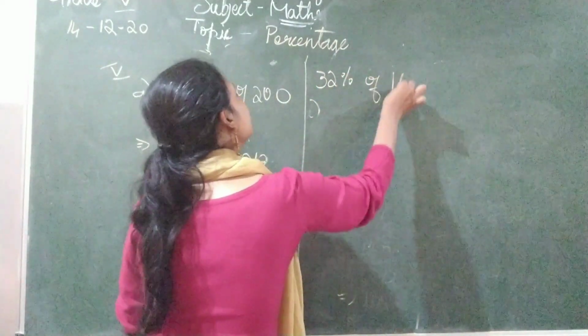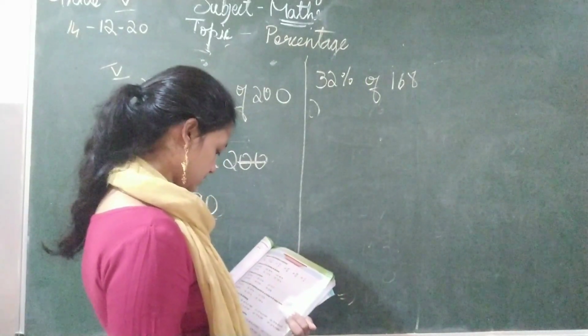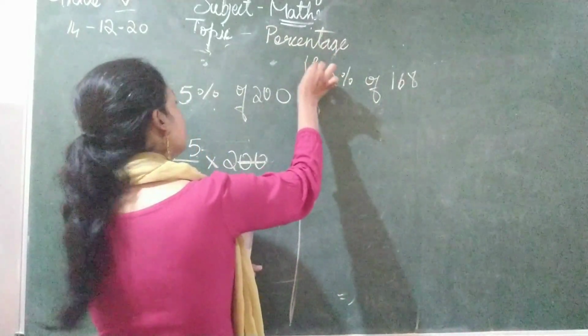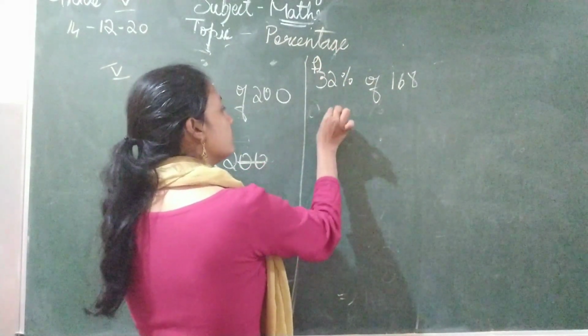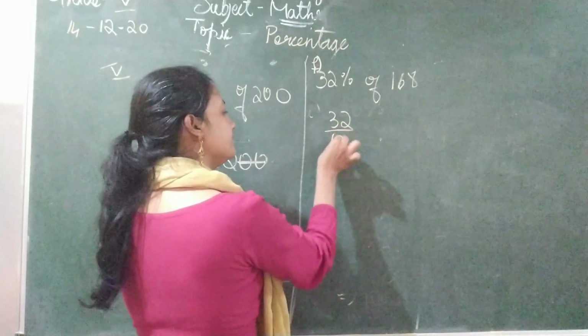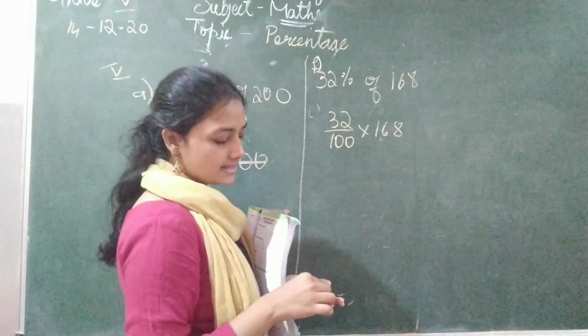Of 168. This is F1, fifth main F1. So 32 by 100 into 168. So let's divide this.